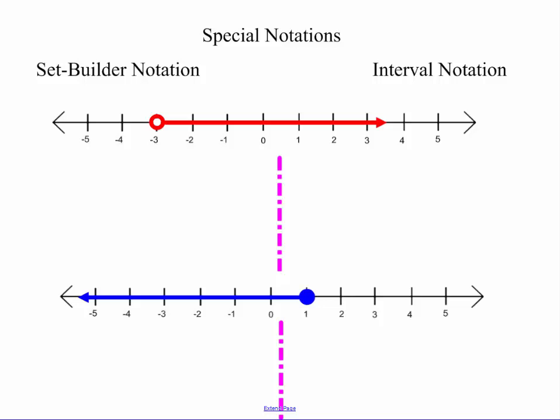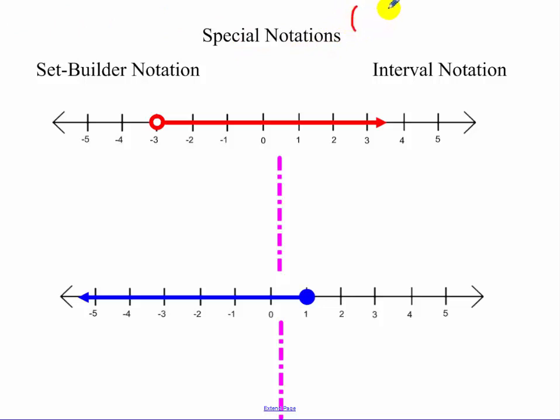Okay, as I was talking about earlier in this section, there are two special types of notation that I want you guys to know leaving this class. Set builder notation we're going to be using a lot in later chapters when we talk about domain and range. I've kind of already talked about that. But interval notation is putting numbers in between brackets or parentheses.